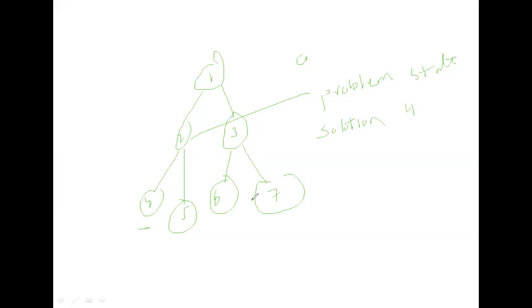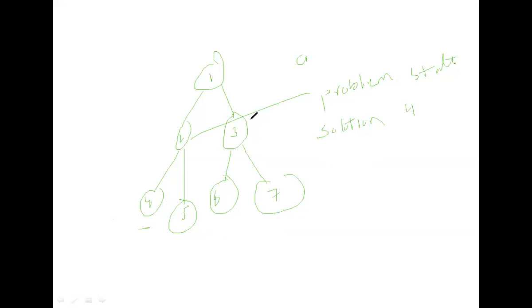Answer states are those solution states for which the path from the root to S defines a tuple that is a member of the set of solutions of the problem, that is path 4 here. So the second one is problem state, the third one is solution state, the fourth one is answer state.